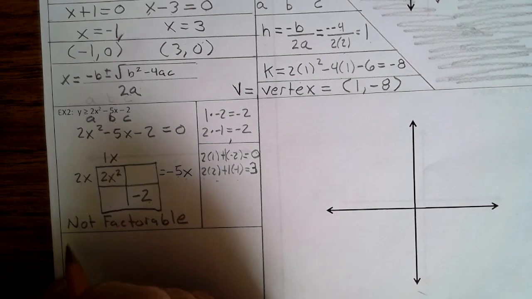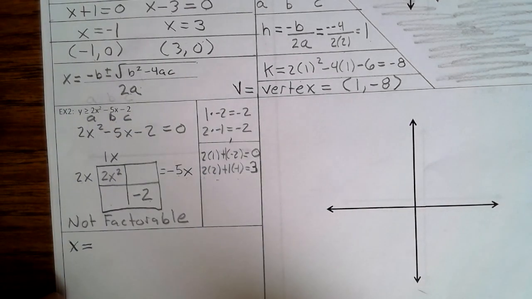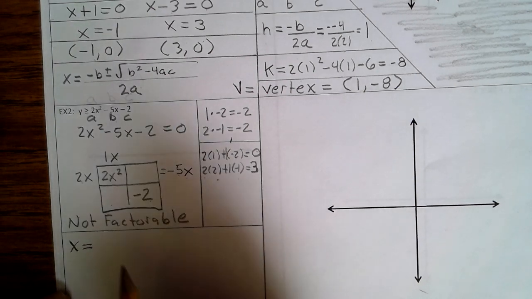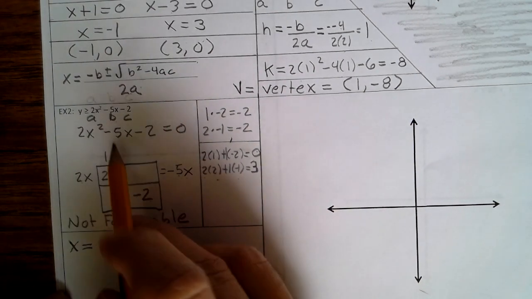So x equals negative b. So b is negative 5.